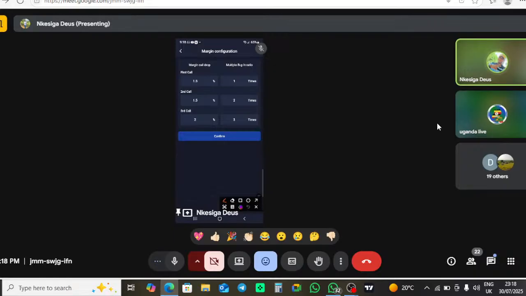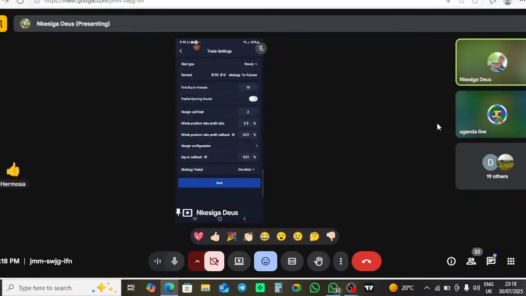When you get 30 plus 20, that is 50. Are we clear, guys? We confirm. And this is our strategy for futures. If you want to use 5x, then it is the same way you will calculate. Now from here I save.